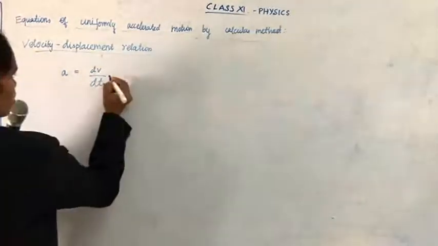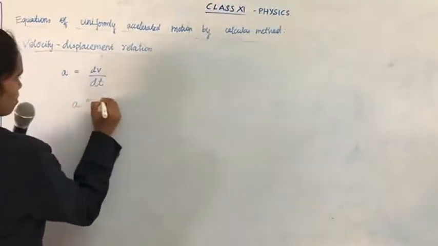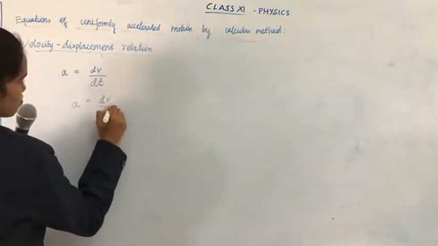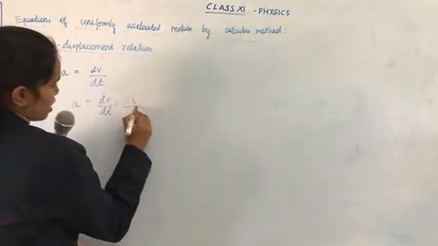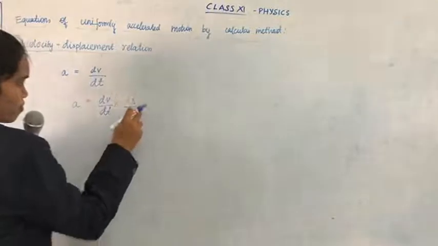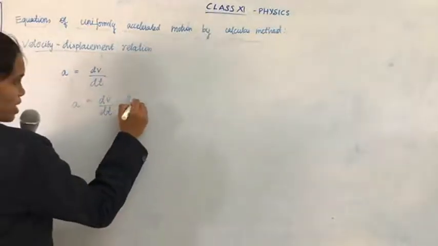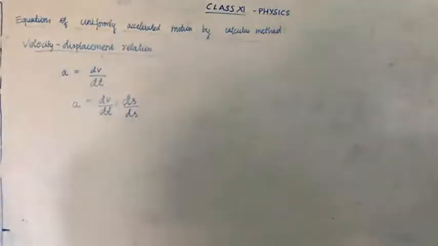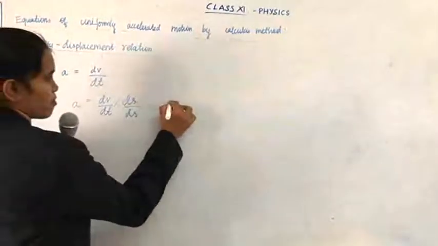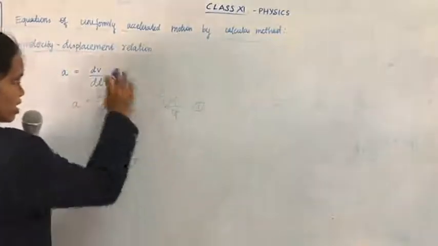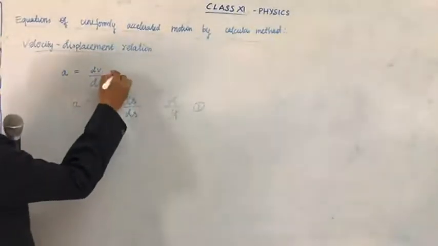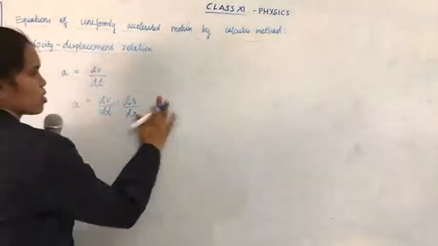Now you have to multiply with ds by ds. Why are we multiplying it? Because we need to get the relation. If we put 4 by 4, both cancel and the answer is 1, so nothing changes.